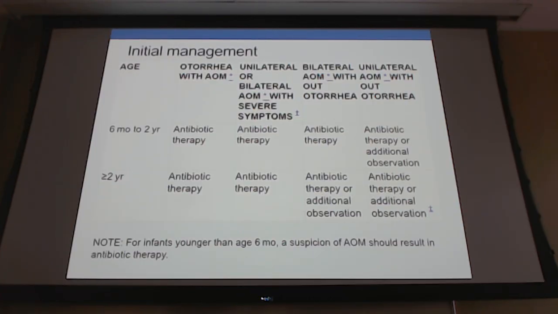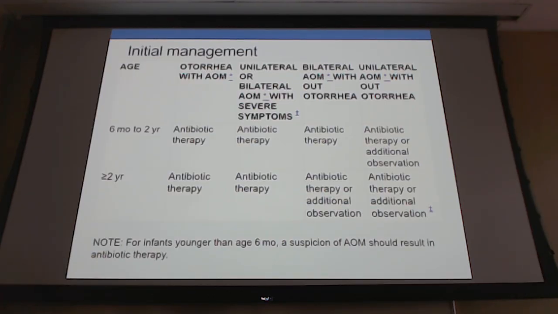So how do we classify severe symptoms? It's in the note of this slide, but it is if you have a fever greater than 39 degrees centigrade, so it's more than 102.2. If you have had symptoms that are there for more than 48 hours, or severe pain that is classified as a severe infection, all of those guys get antibiotics.